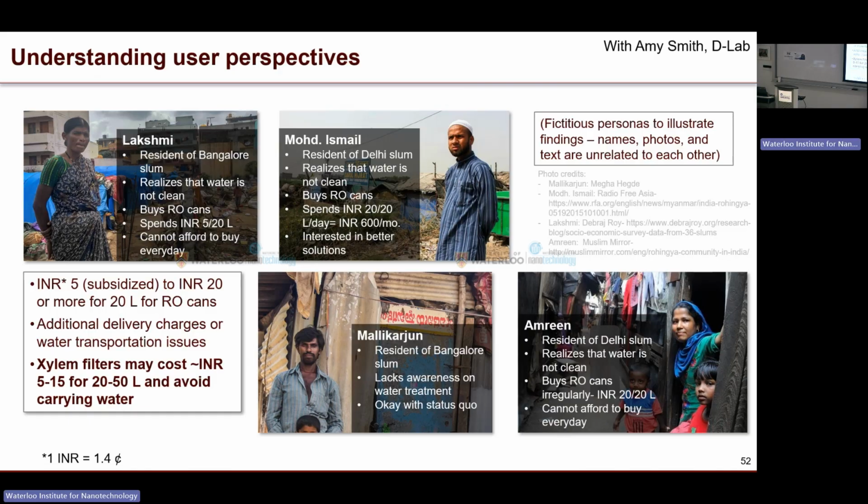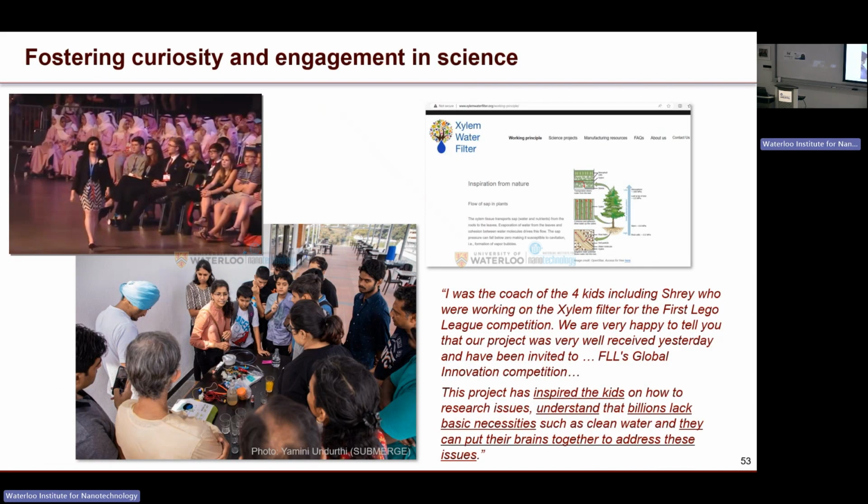And I won't go into detail, but there were very interesting things like, if you can make low recurring costs, that's much better than larger costs a few months down the line. That's a major barrier. And you can see there is a lot of different perspectives here.